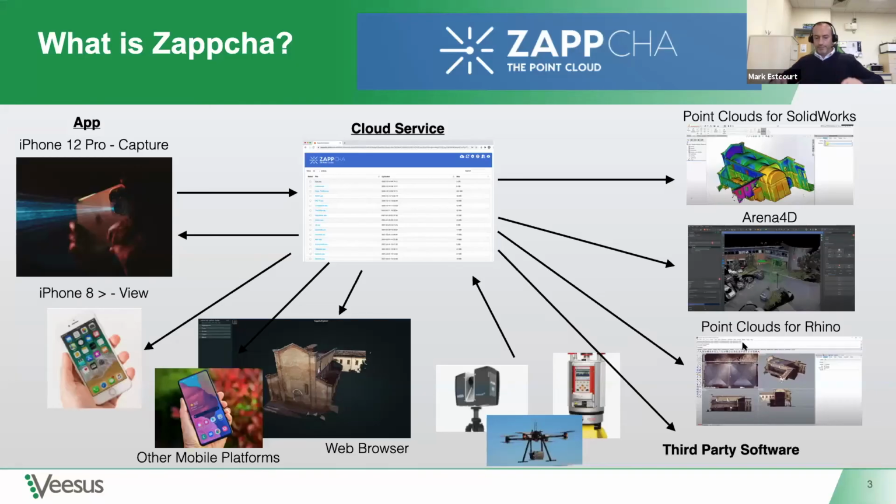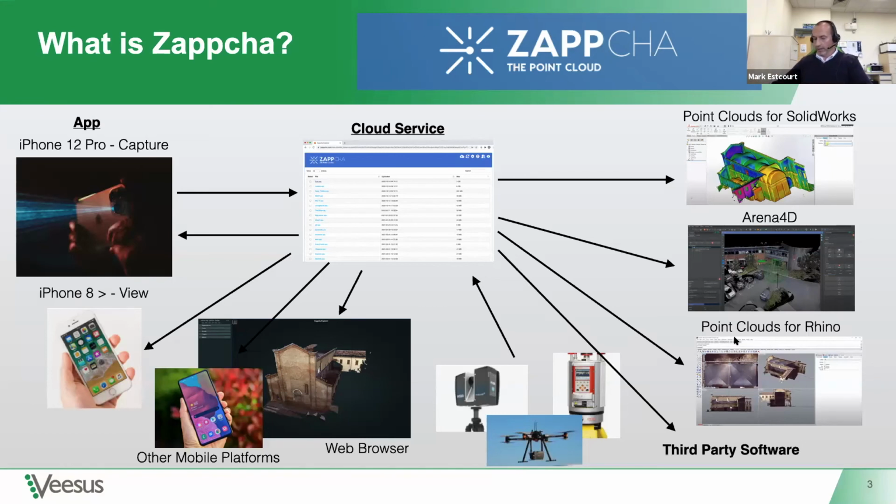So I'm just going to share my screen again. Okay, so that demonstration, although fairly brief, really emphasizes the capture from any device, the sharing it to a cloud service in a streamable way.